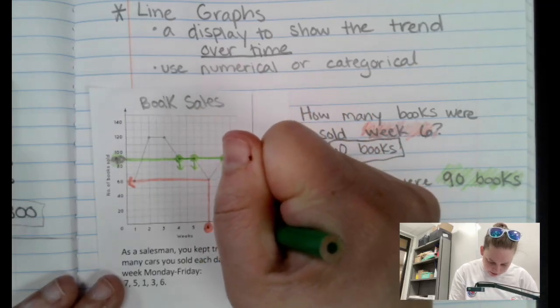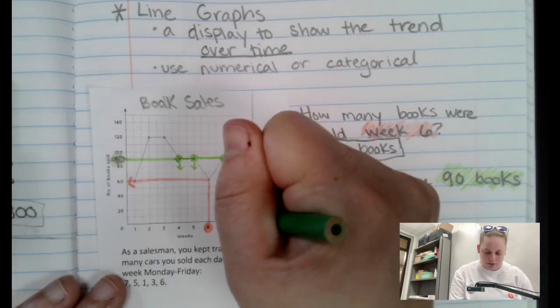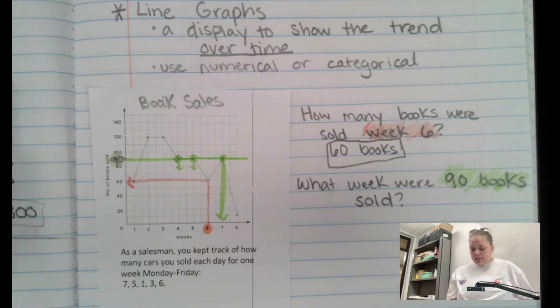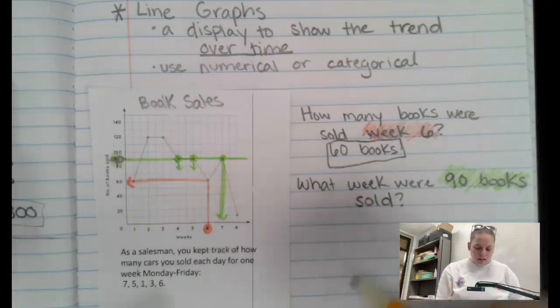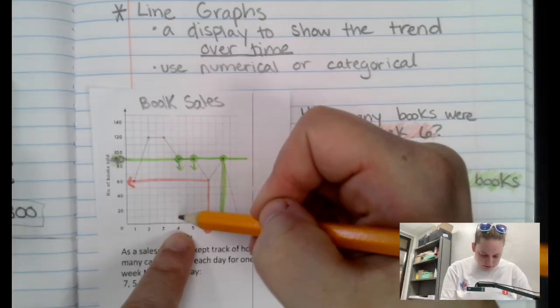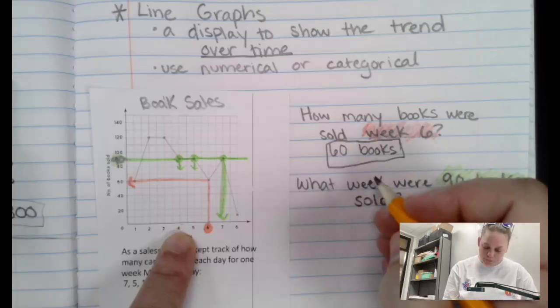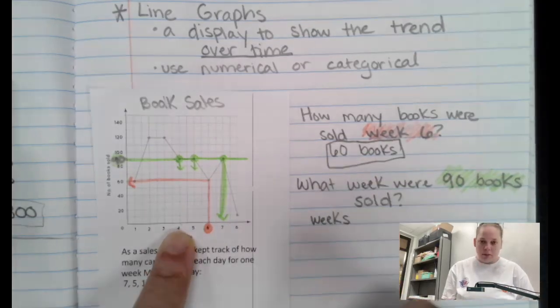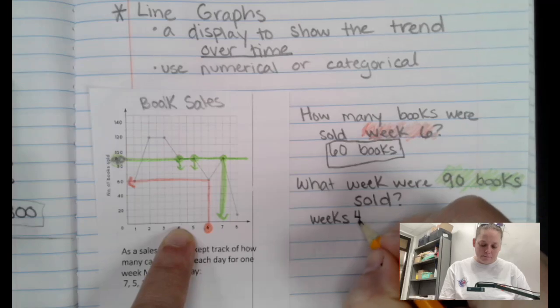Okay, I'll write 1 down all the way, but I didn't want to cross over too much. Okay, so as we take a look at this, this point here, this first one, comes down to week 4. So we have multiple weeks, so I'm going to say weeks 4.